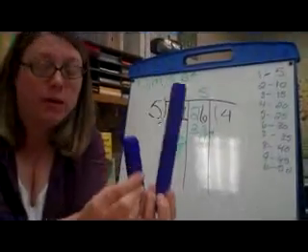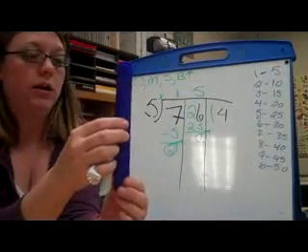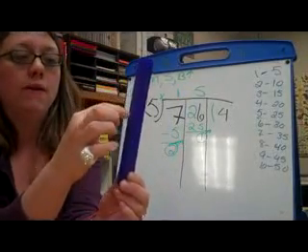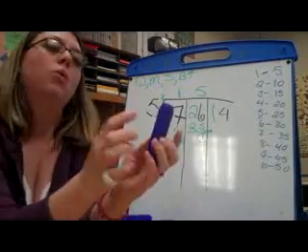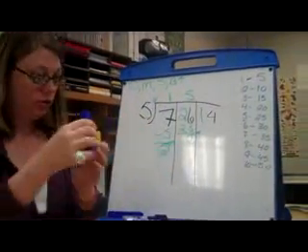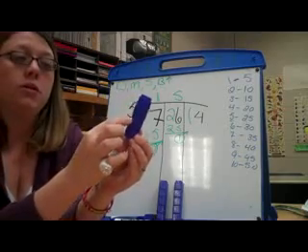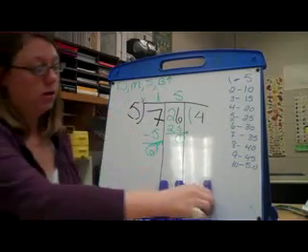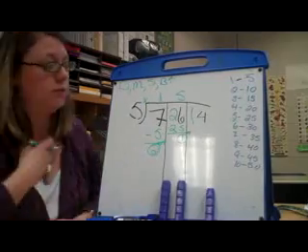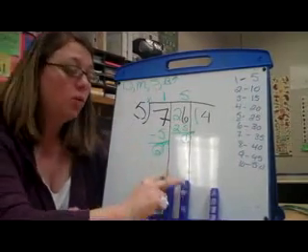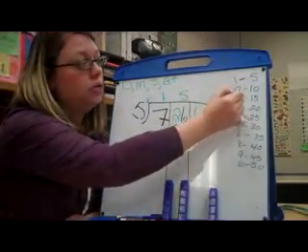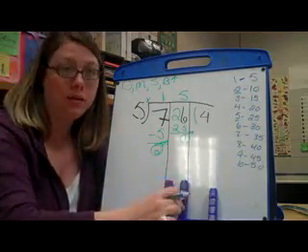So I'm going to start with this one. 1, 2, 3, 4, 5. 1 group of 5. 1, 2, 3, 4, 5. 2 groups of 5. 1, 2, 3, 4, 5. 3 groups of 5. Let's see if I can keep going. 1, 2, 3, 4, 5. 4 groups of 5.